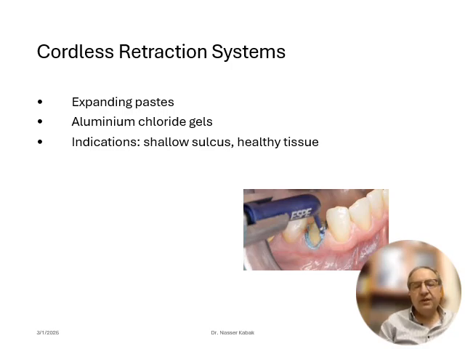And if the tissues are healthy, they will regain their size and the level of the attachment. So what are the indications of these pastes? If the sulcus is shallow, not so deep, and when the tissues are healthy.